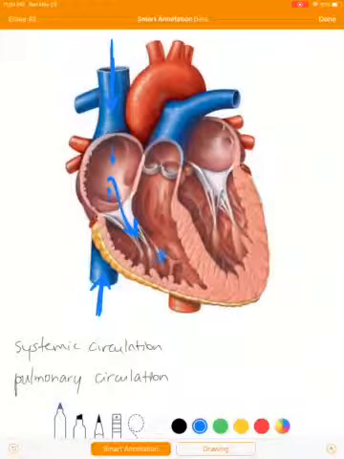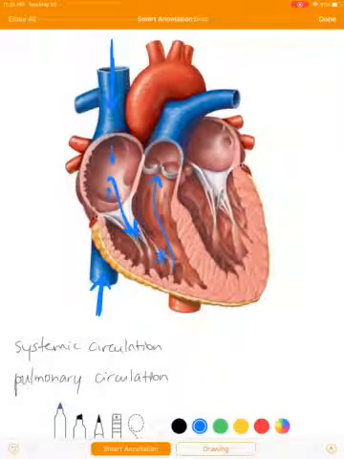Okay, so that right AV valve opens up, blood travels from the right atrium into the right ventricle. The next thing that's going to happen is the heart will beat. Okay, it's going to pump, and all this muscle down here on the bottom will contract. And when it contracts, it's going to push this blood that's in the right ventricle up and out of this valve, which we said before is the pulmonary semilunar valve.